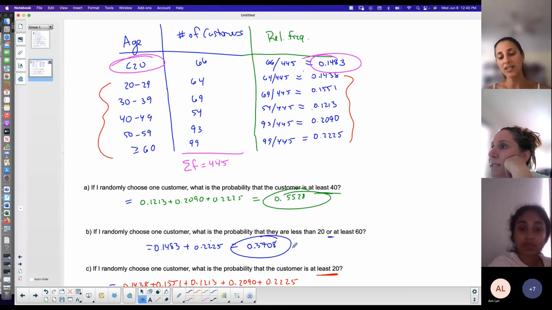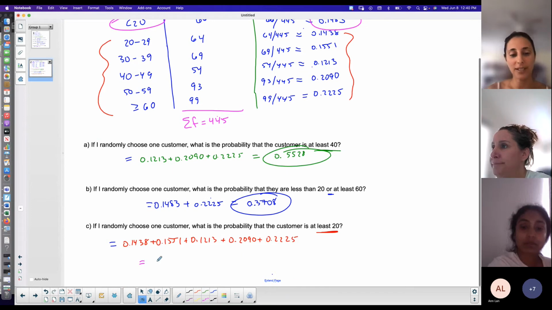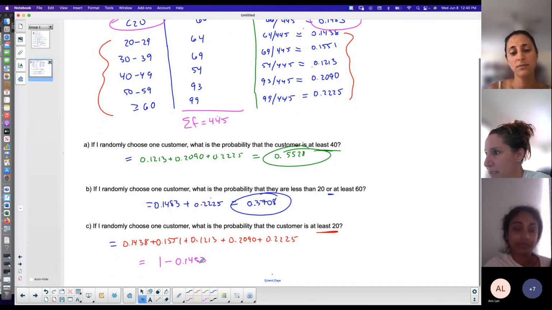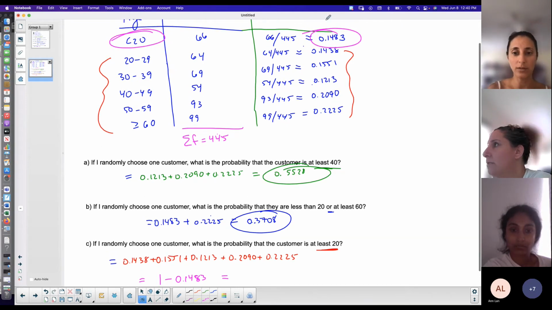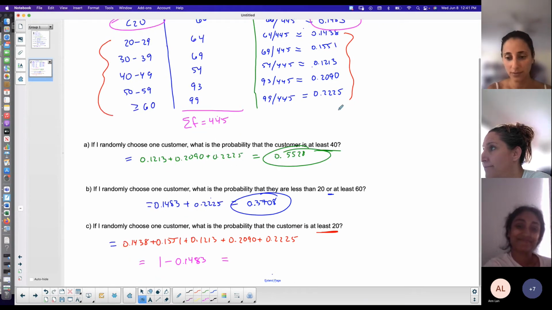The reason that I'm claiming that this is easier is because all I would have to do is subtract its complement from 1, and I get the same number either way. So either I can add up all these to get that total, or I can say, if the sum of all of these is 1, and I subtract this from 1, then I'll get the rest of them already added together.